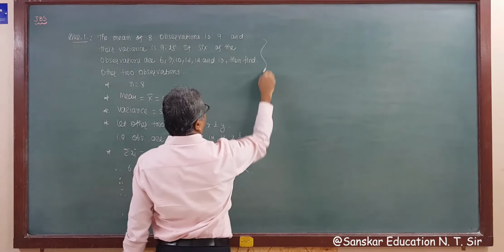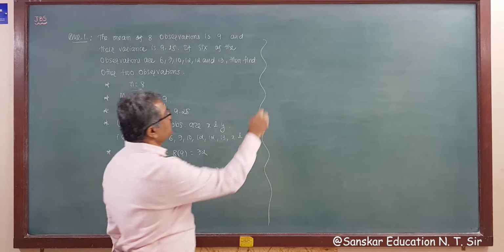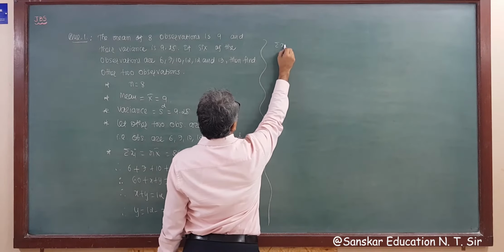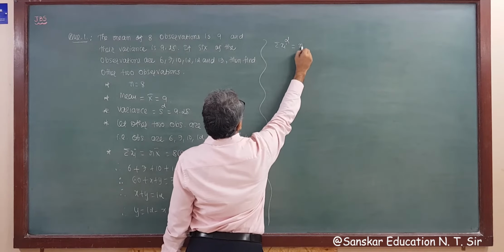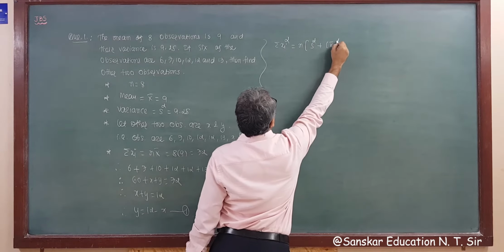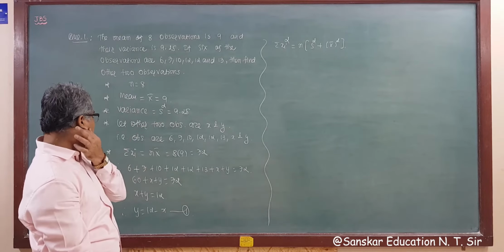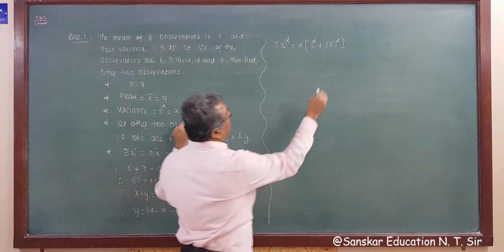Now variance, that is sigma xi square, sum of the squares of the observations. The formula for sigma xi square is equal to n into variance plus mean square. This you know, right? And variance is given 9.25.